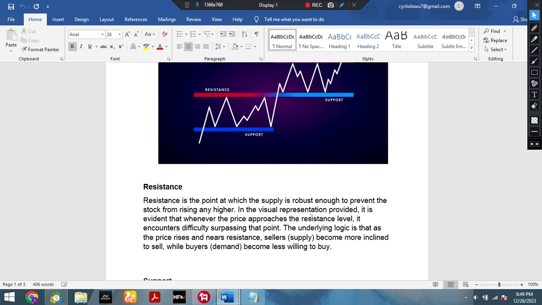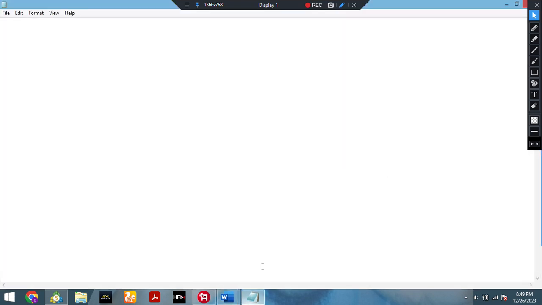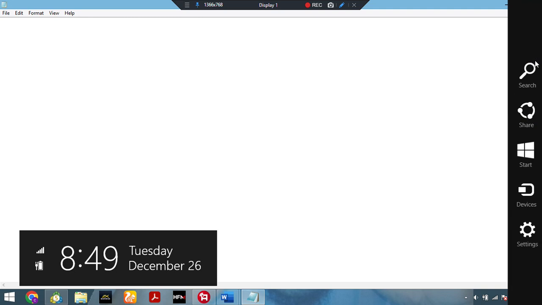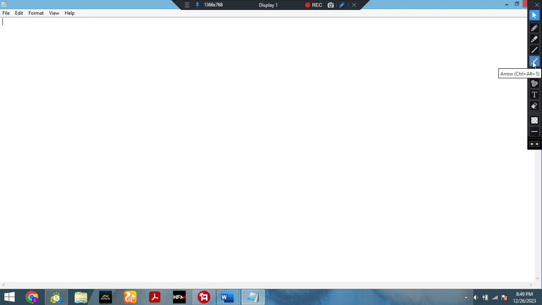Before we go further, let me illustrate what this implies in our rough sketch here. Let's say here is our area of resistance and this is our area of support.